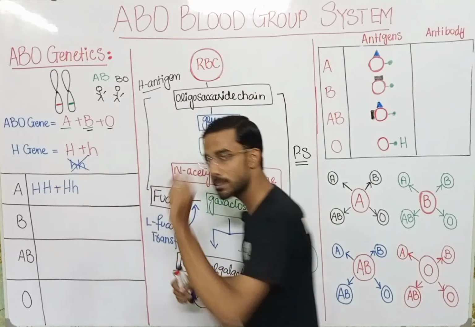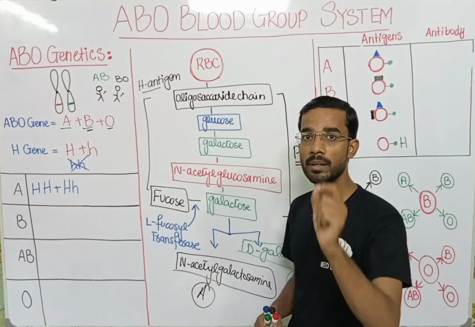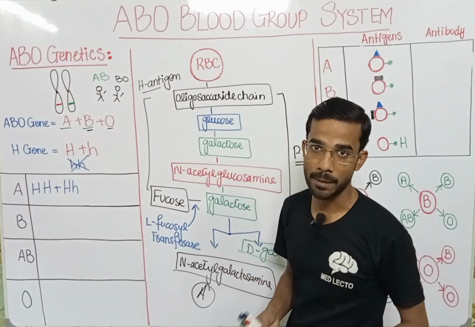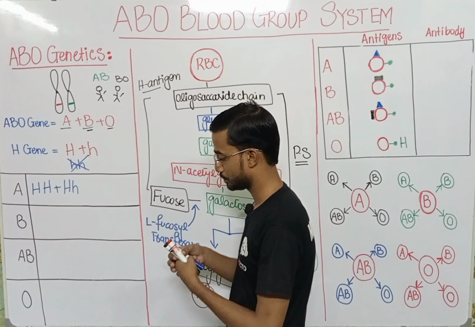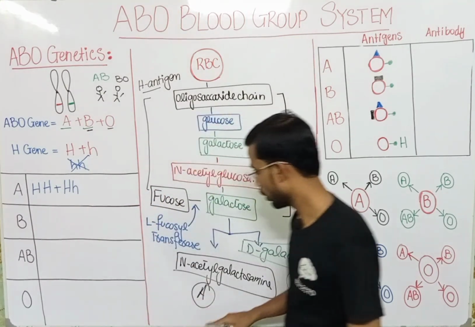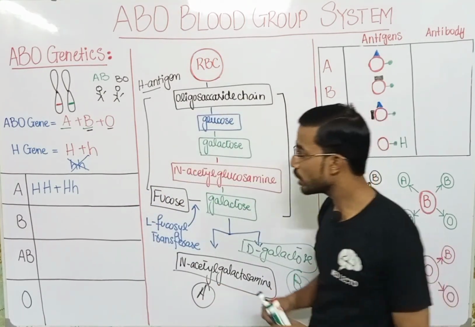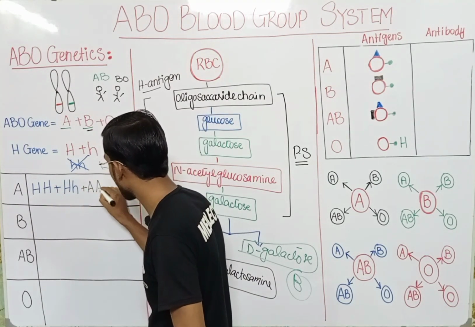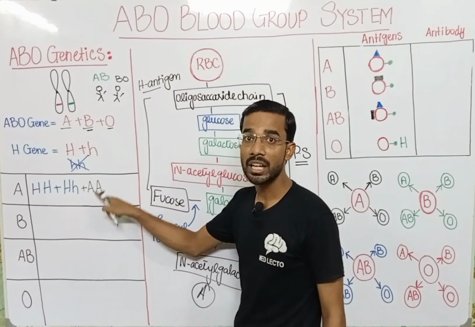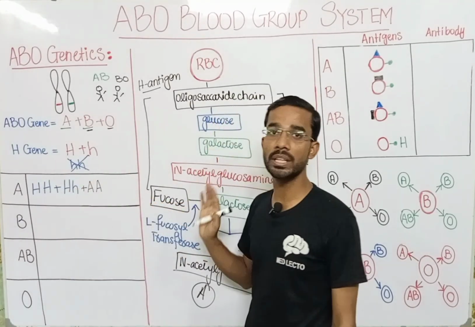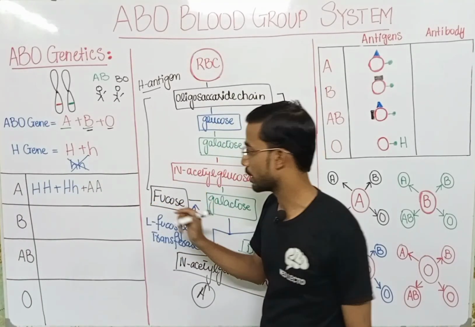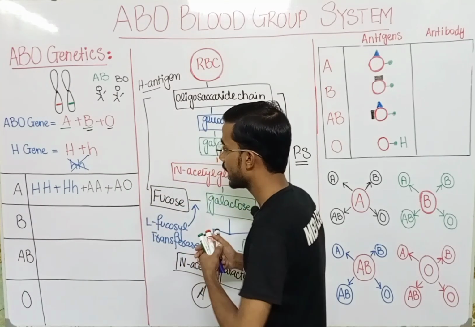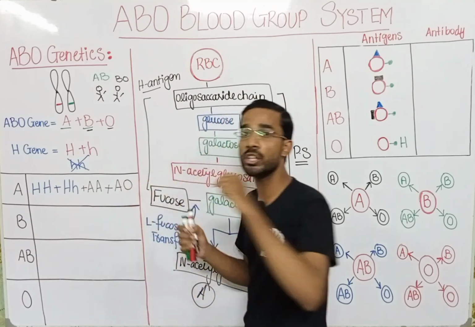This pair must be present in the person that actually presents the A antigen. After that, for the expression of A, there is another pair that can either be capital A, capital A, for the conversion from the H antigen to the A antigen, or another combination, AO. The A allele is dominant over the O allele.